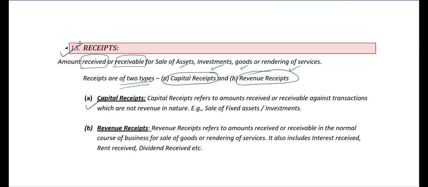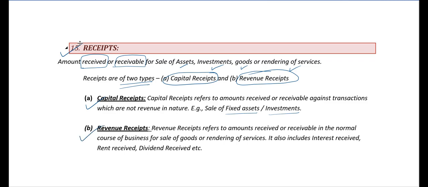When you receive amounts or amounts are receivable for transactions which are not revenue in nature, it is referred to as capital receipt. For example, when you sell fixed assets or when you sell investments, it is a capital receipt. The amount received or receivable on sale of fixed assets or sale of investments is a capital receipt.